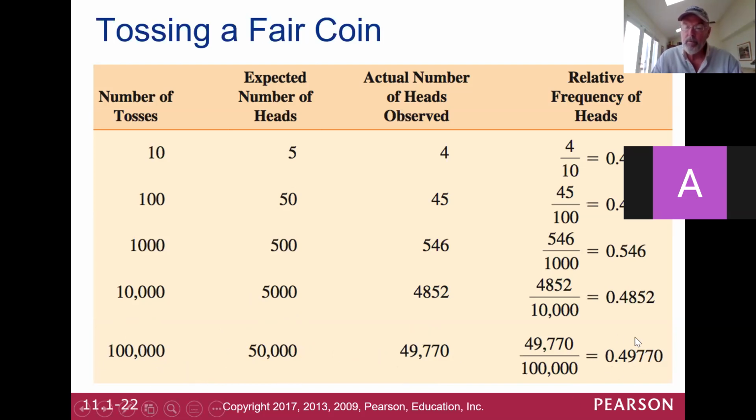That probability is very, very close to 0.5. So as we went from 10 to 100,000, we started to see values that naturally go along with the expectation. The larger the numbers we have, the greater the likelihood of hitting the expectation. Questions about that?